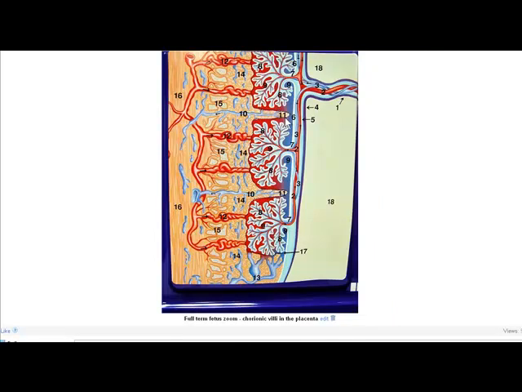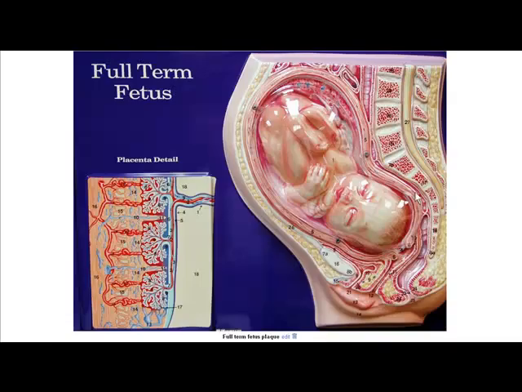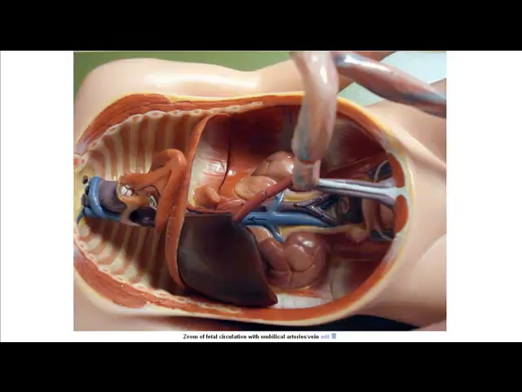That's where the exchange of nutrients, waste products, oxygen, carbon dioxide, etc. are going to occur. This is endometrium through here. And then everything else, as we've been seeing, is going to be the same: female reproductive structures, placenta, amnion, things like that.